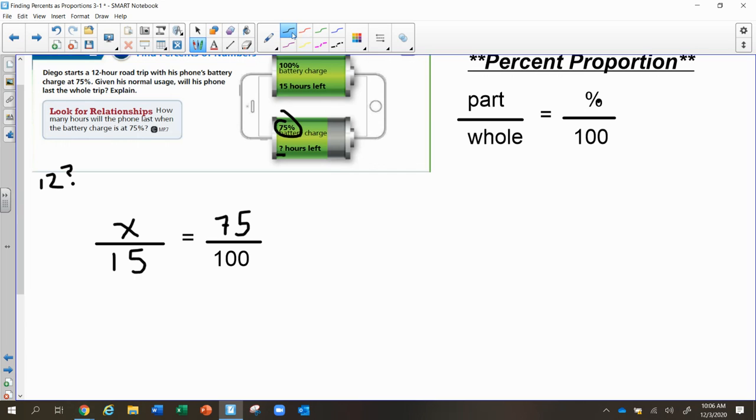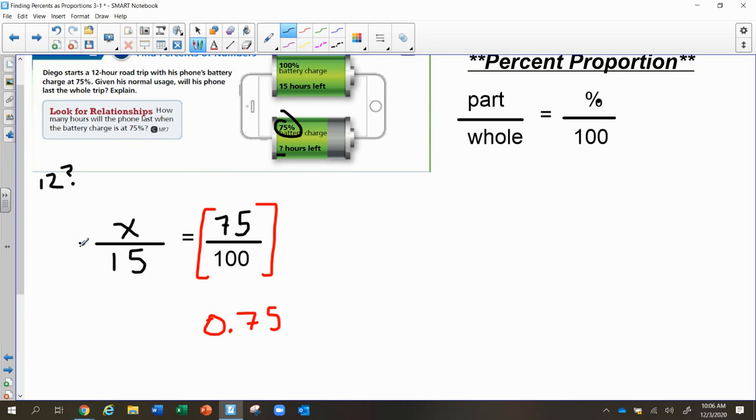Now, we are going to solve this. The first thing I'm going to do is convert my percent to a decimal. If you remember how to do that, we change it into 75 hundredths, or 0.75, as a decimal. Now, over here, since this unknown amount of hours is being divided by 15, I'm going to do the opposite operation.